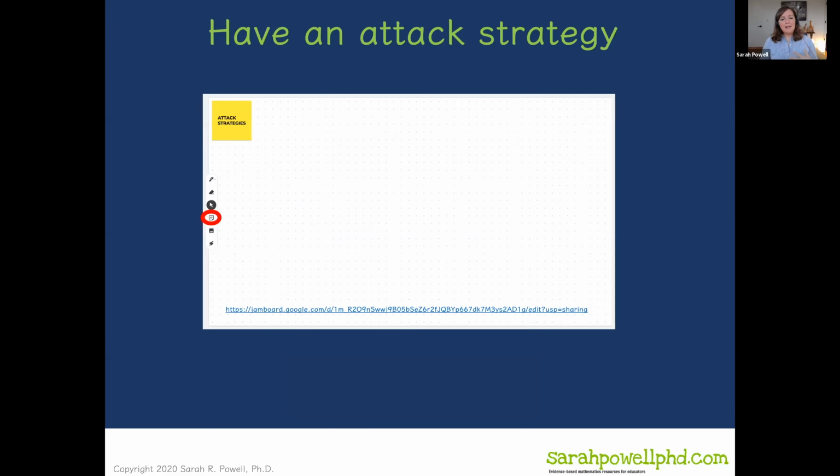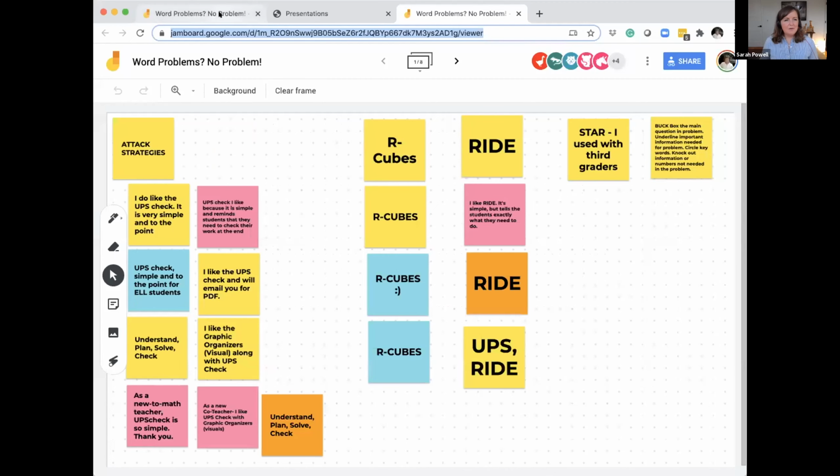And then we would combine that. Oh, and I wanted to say our Google Jamboard is up there today. And remember, we have a page where everyone has shared their attack strategies. So if you go to the Jamboard, and I'll show you what this looks like real quick. I'll scoot over here. Oh, there we go. If you go to the Jamboard here on the first page, you can see all of our attack strategies.